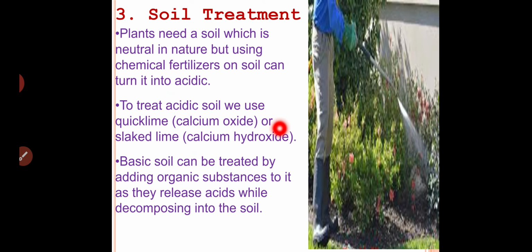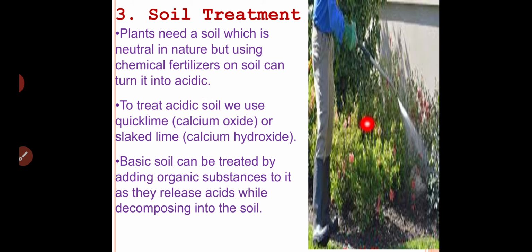Now next is soil treatment. So this is the basic thing. When the soil is more acidic, we use a base. When the soil is more basic, we use acids. Right? Plants need a soil which is neutral in nature, but using chemical fertilizers on soil can turn it acidic.